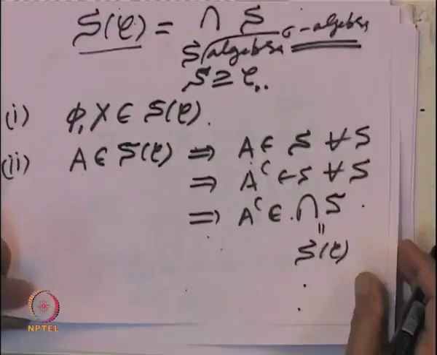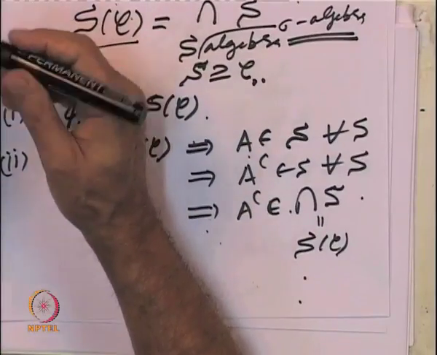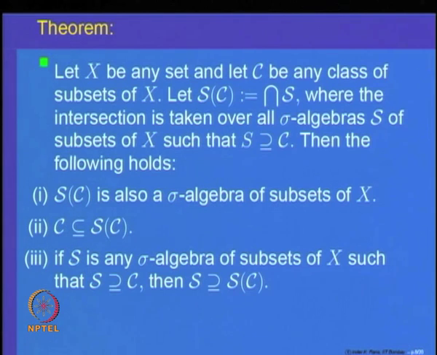The smallest property also is true by the very fact that S of C is the intersection of all the sigma algebras which include C. So, that proves that S of C is a sigma algebra of subsets of X, C is inside S of C, and if S is any other sigma algebra of subsets which includes C, then S of C must be inside S, because S of C is the intersection of all. So, the intersection is inside every element.